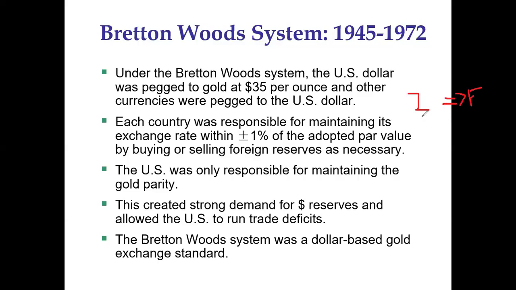The Indian currency rate to dollar is 1 to 10. France has 1 to 20. So $1 is converted into twice the French currency. We have to compare this ratio, and then my exchange rate will be 1 to 2.